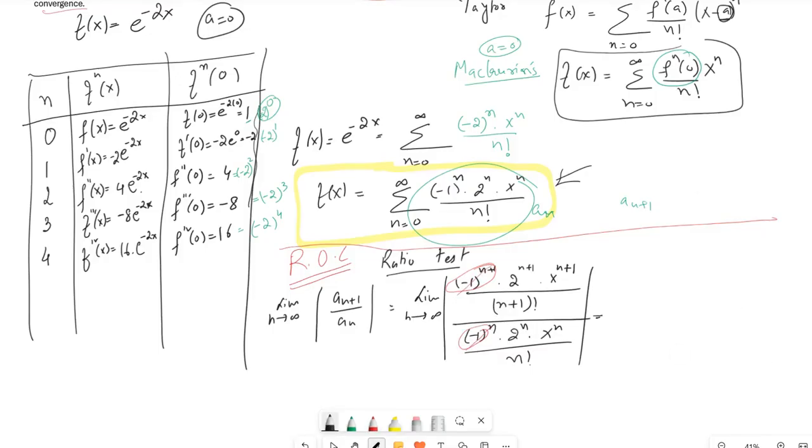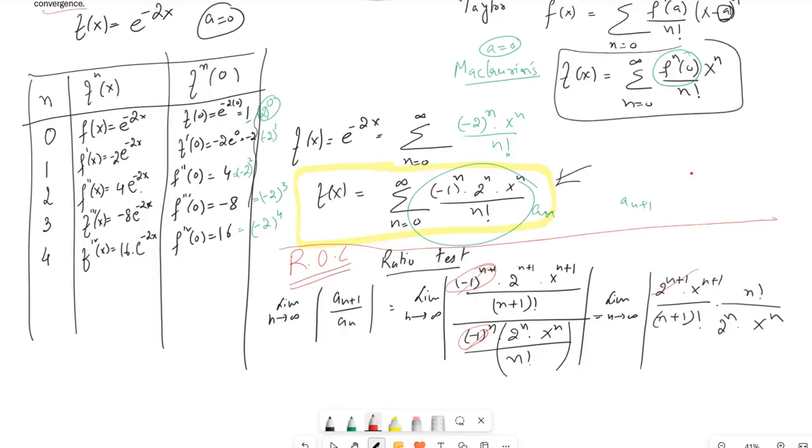So we can write the limit as n approaches infinity of 2 to the power n plus 1 times x to the power n plus 1 divided by (n plus 1) factorial, times the denominator fraction flipped, n factorial divided by 2 to the power n times x to the power n.